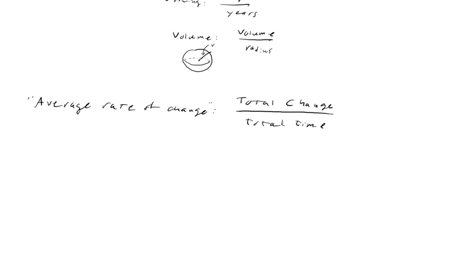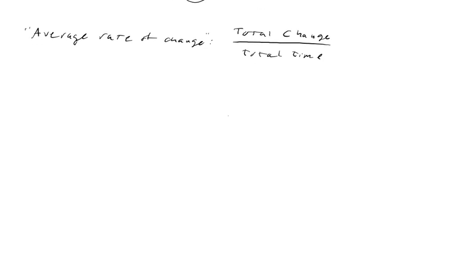The amount of change from the beginning to the end. An average rate of change is an amount of change from the beginning of something to the end of something.